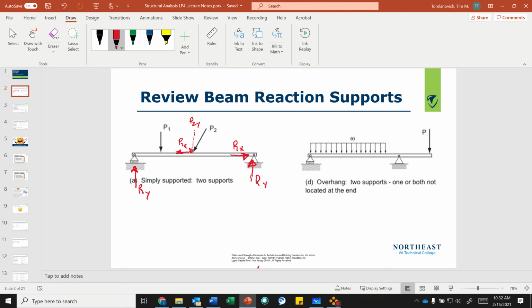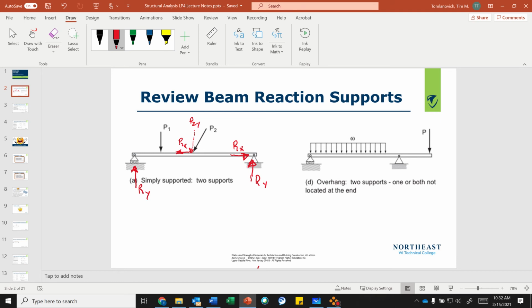These loads could be a wall or something sitting on a floor beam, and these reactions, the pin and the roller, those are walls underneath there. So these are all external loads acting on the beam.